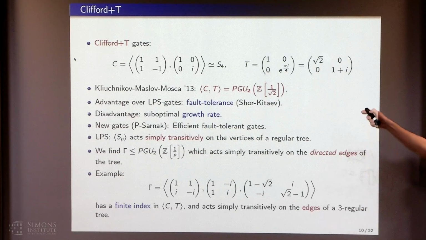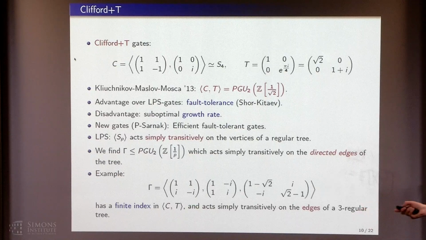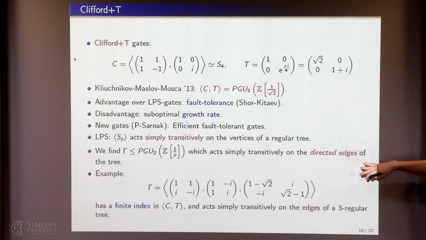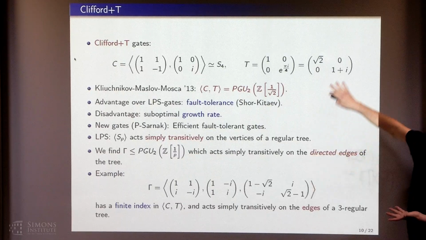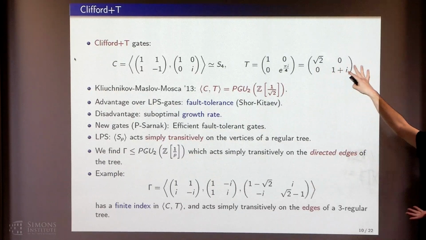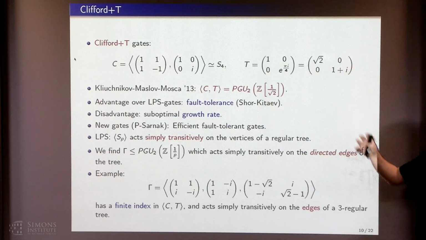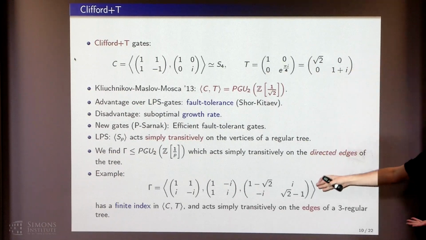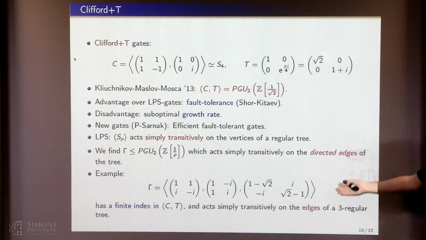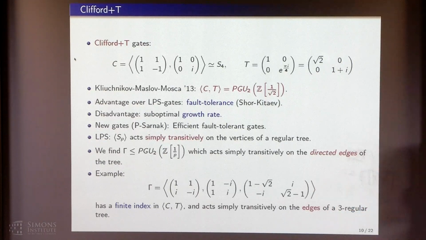And it sits inside the group generated by Clifford+T, as a subgroup of finite index, which tells you that the growth rate is the same. But here we have 3 elements, and here you have 25 elements. So it means here you're really wasteful. You look at 25 to the L circuits, but actually your growth rate is only 2 to the L, because you can do it with 3 elements.